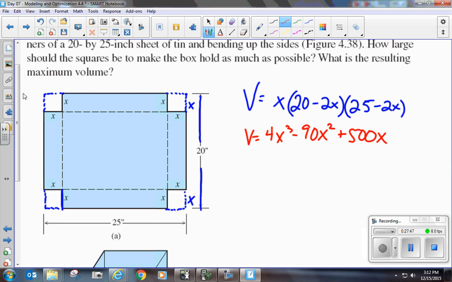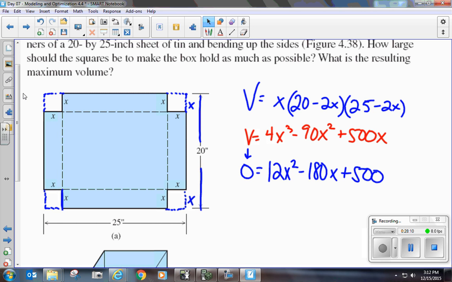Now, if I want to maximize this, okay, derivative, I set equal to 0 because that's going to be the critical point where either a maximum or minimum occurs. Alright, so the volume, which is some number, will turn to 0 when I take the derivative of it. I've got 12x squared minus 180x plus 500.